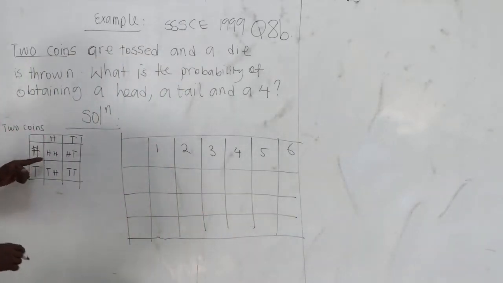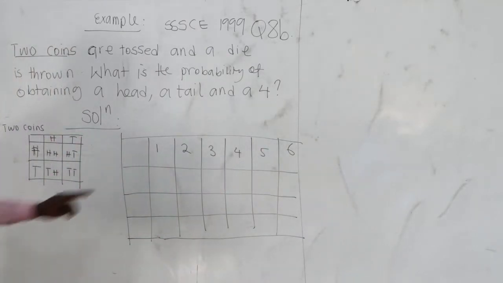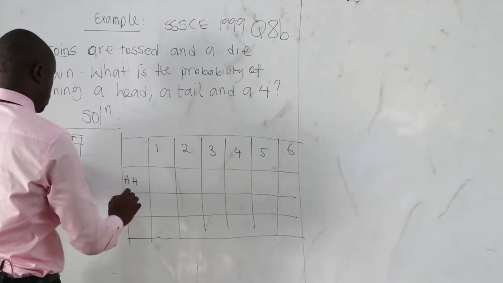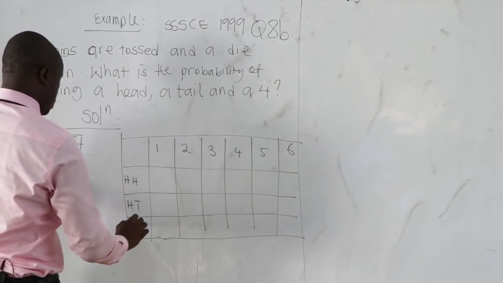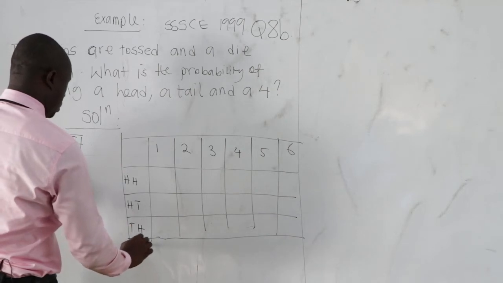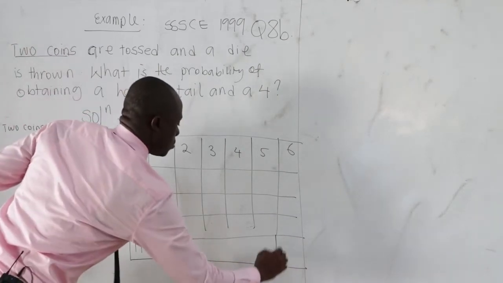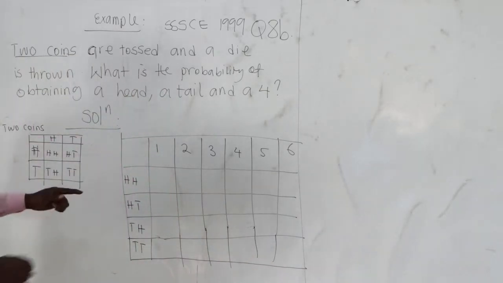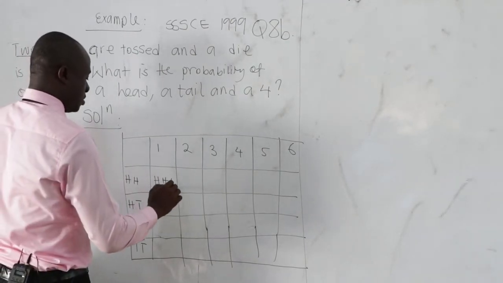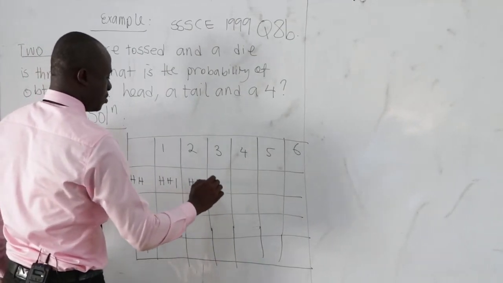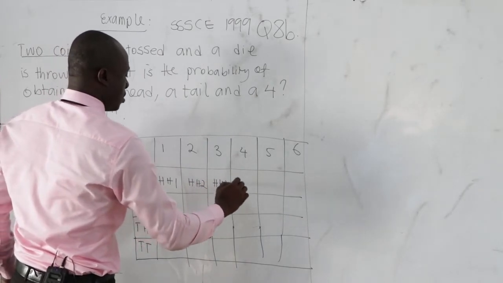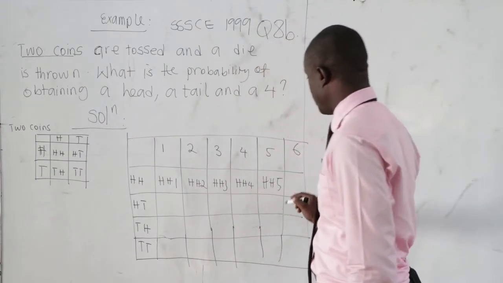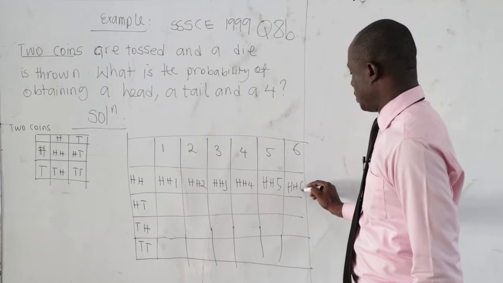Now the sample space: this would be for the die and this would be for the coins. So we have HH, HT, TH, TT. Now here becomes HH1, HH2, HH3, HH4, HH5, HH6.